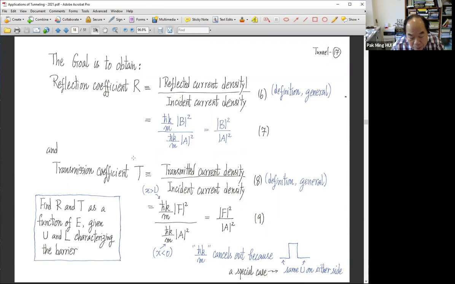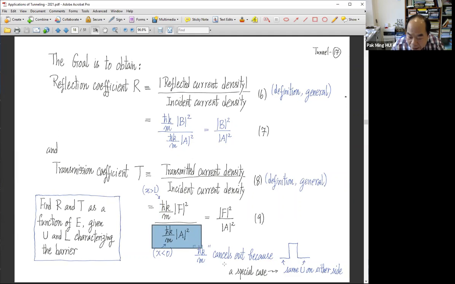But more importantly, we want to get the transmission coefficient, which is defined as the transmitted probability current density over the incident one. So from the formula, we know that it is the transmitted current density divided by the incident one.